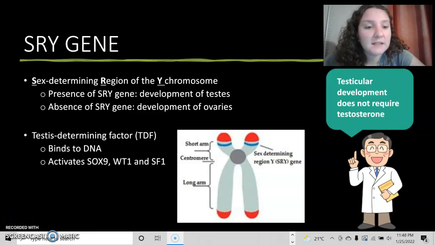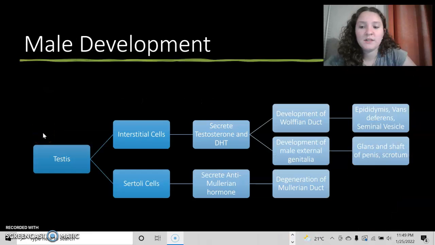An interesting fact is that testicular development does not require testosterone. However, once the testes have been developed, they can produce testosterone, which will have effects on male development later on. So continuing with male development, the testes were a product of the proteins that were created when those other genes were unlocked. And the testes contain two specialized cells known as the interstitial cells and Sertoli cells.